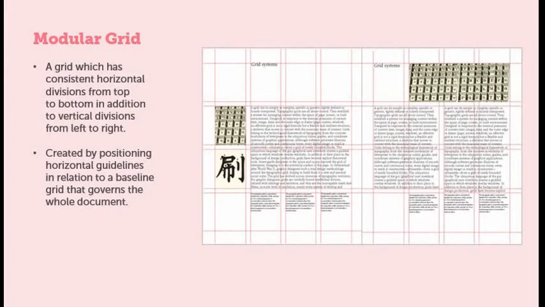It's a grid that has both horizontal divisions but also vertical divisions. So you're making essentially a grid. And what you're using this grid for is to help you position all of your images and text in consistent ways from page to page, spread to spread.